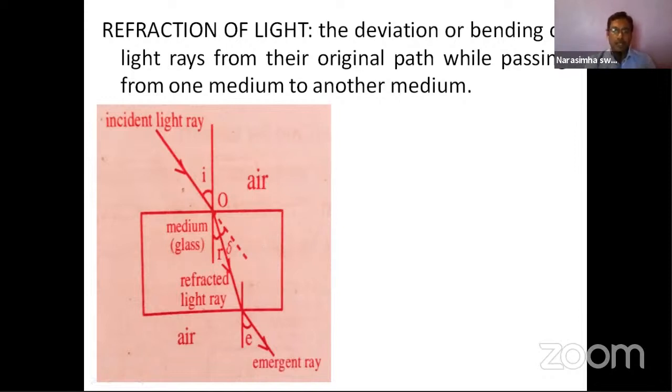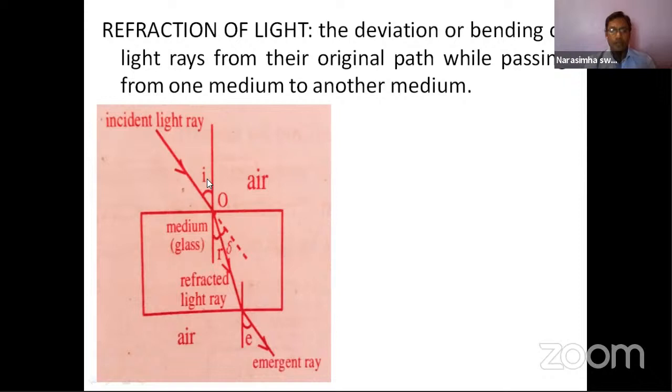Observe this diagram, there are dotted lines over here. The dotted line is the original direction. Originally, the light ray should pass in this direction, but as it entered the other medium, what happened? The light ray is bent like this.